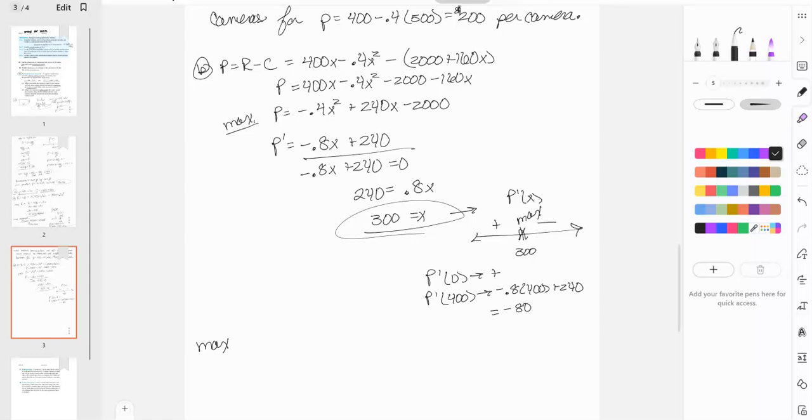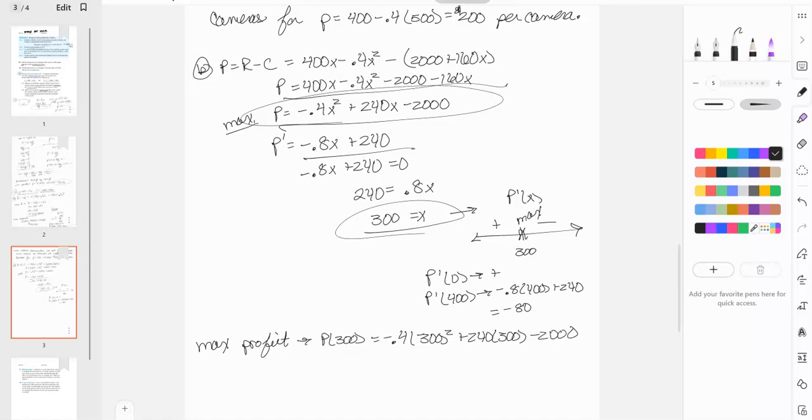So our max profit, we are going to plug in that 300 into our profit equation. So we're going to have negative 0.4 times 300 squared plus 240 times 300 minus 2,000. Our max profit is going to be 34,000.